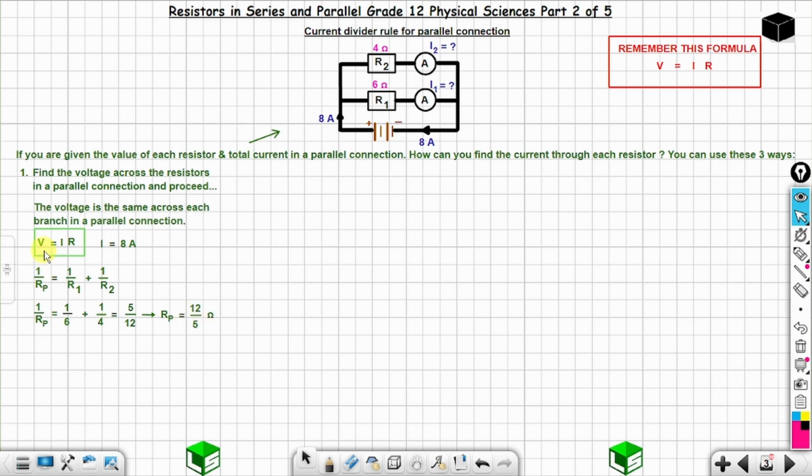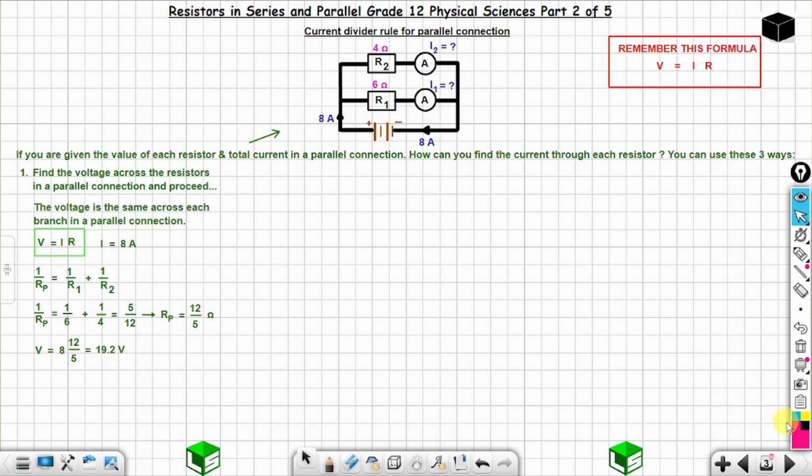Now you can calculate the voltage, which is the same across each branch for a parallel connection. The voltage is equal to the current, 8 amperes, times the resistance, 12 over 5. You are going to have 19.2 volts.